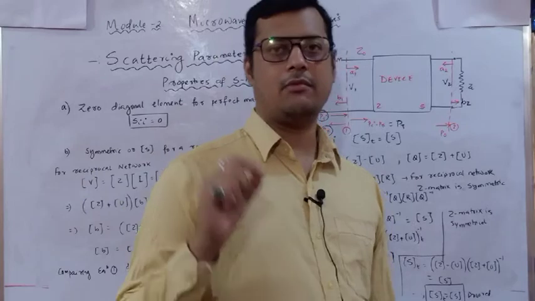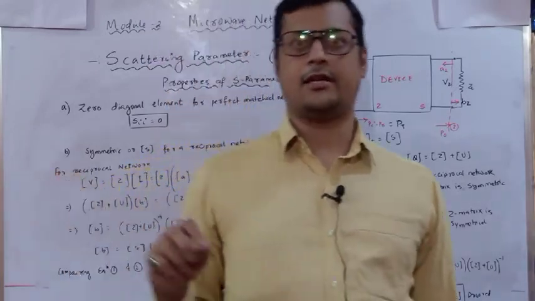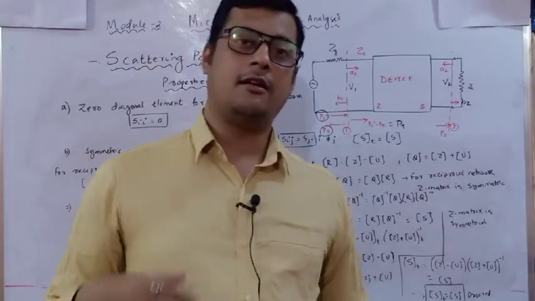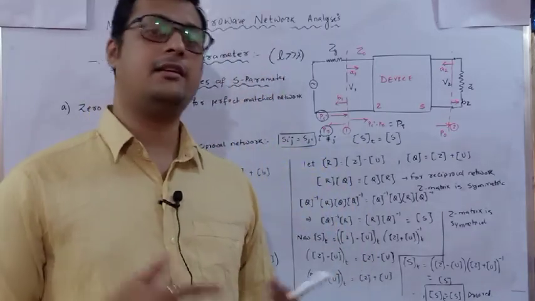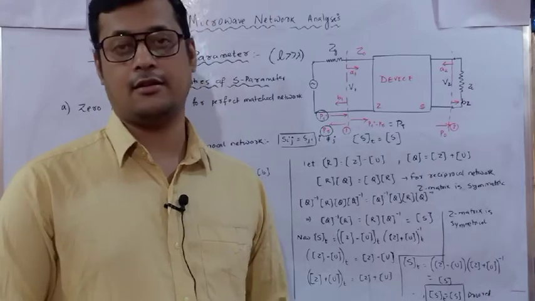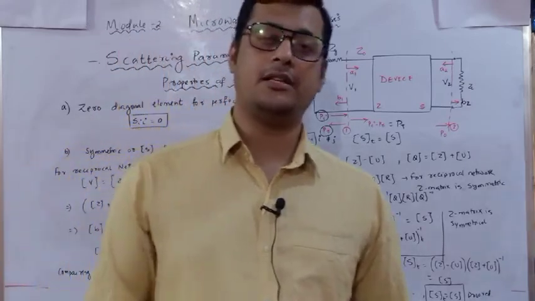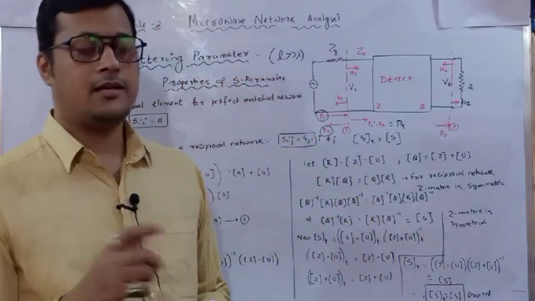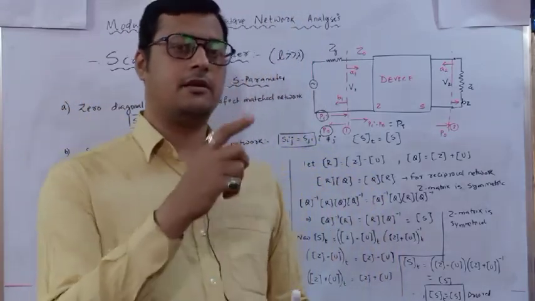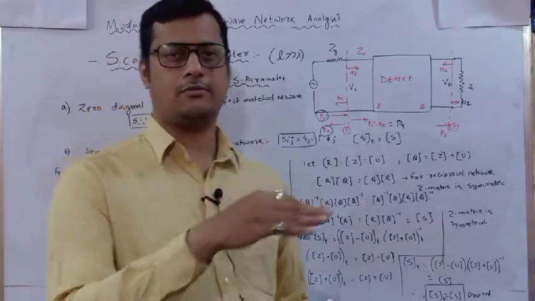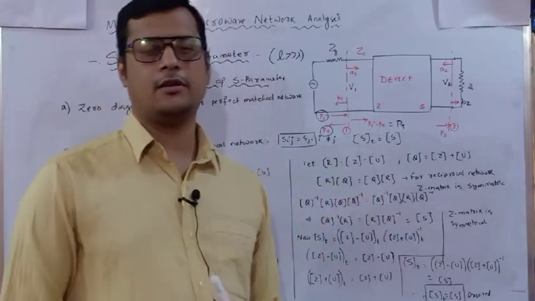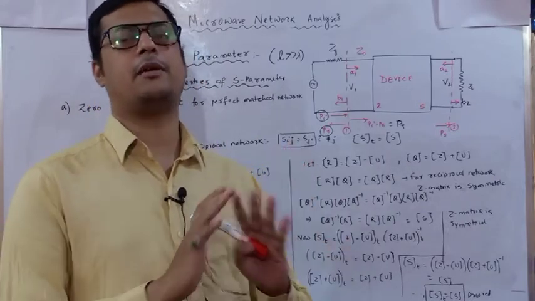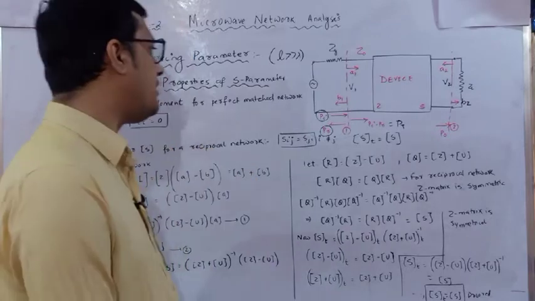When we discuss the lossless network, the reflection coefficient comes into the picture, and if it is perfectly matched, ZL equals Z0. ZL equals Z0 means the reflection coefficient will be 0. So the diagonal elements S11, S22, S33, S44, or SNN for the nth port, if all are 0, the network is perfectly matched. That is the first property.